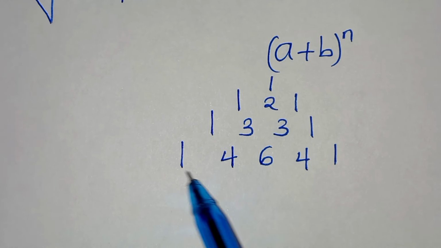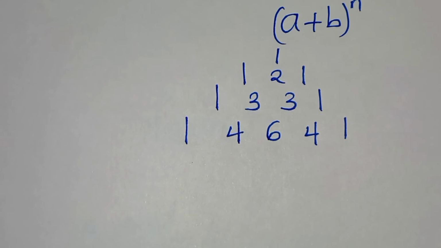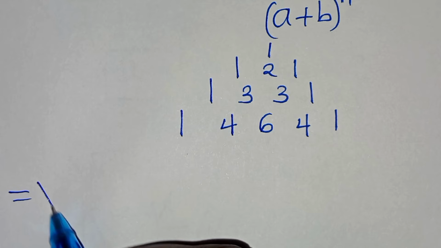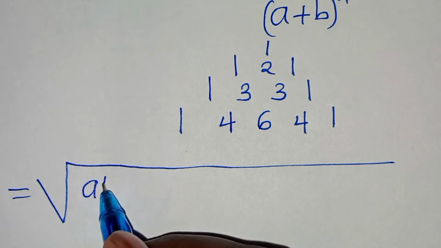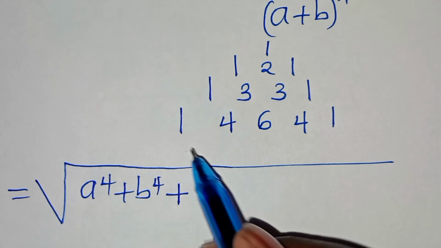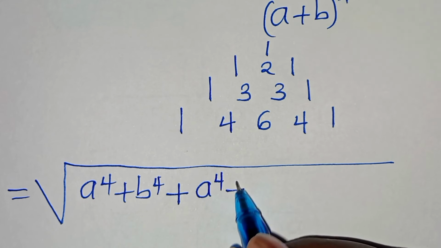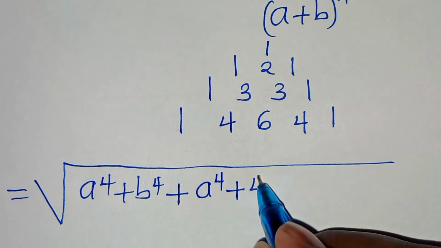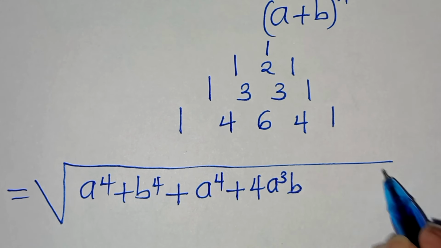Now here we have the coefficients for the power of 4. So that now we have the square root of a to the power of 4 plus b to the power of 4. Then plus, now here we have a to the power of 4. Then plus 4 a to the power of 3 multiplied by b.